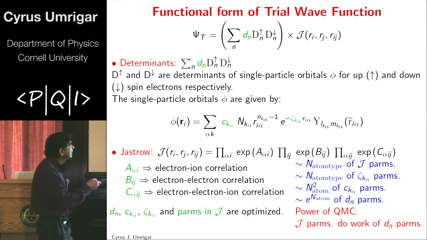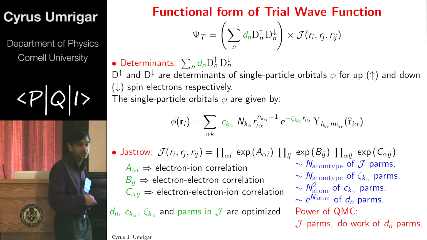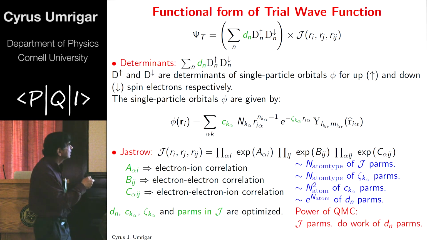And finally, these coefficients scale exponentially in the number of atoms that you have. The quantum chemistry methods just use this linear combination of determinants, and they have to use a very large number, millions or billions of determinants, to get an accurate wave function.